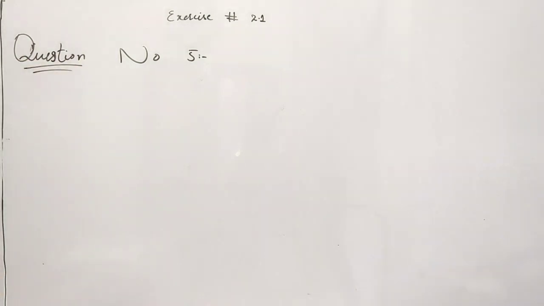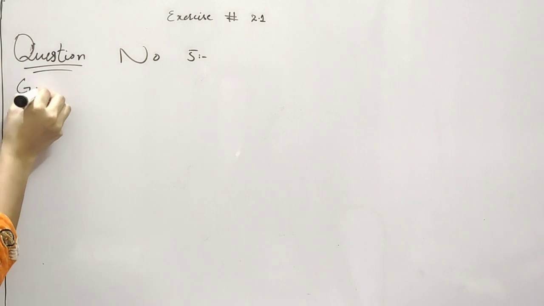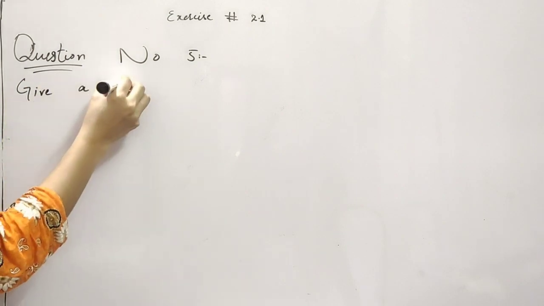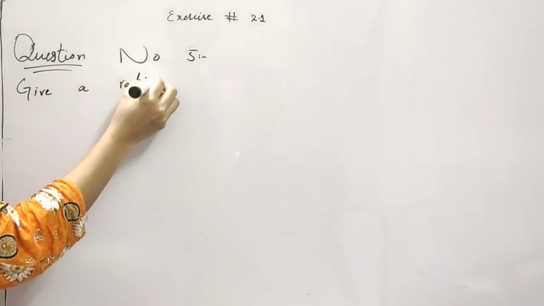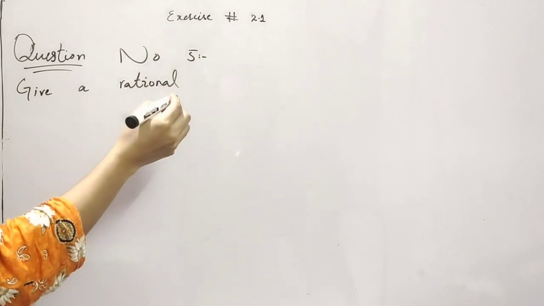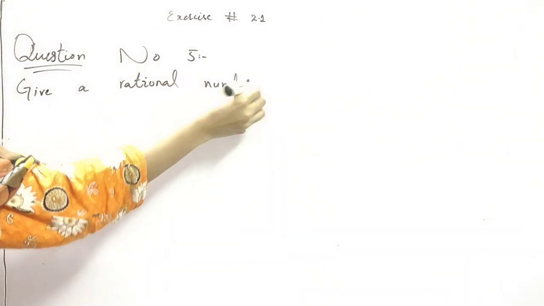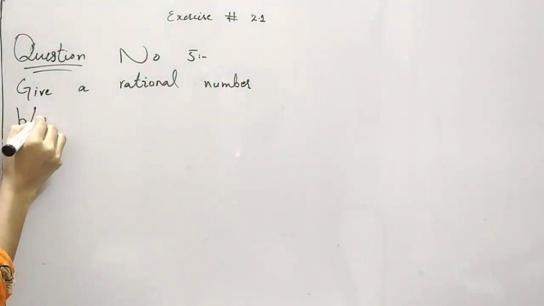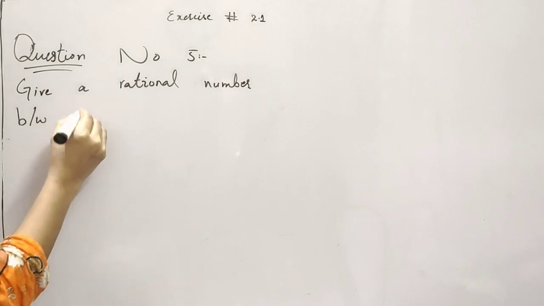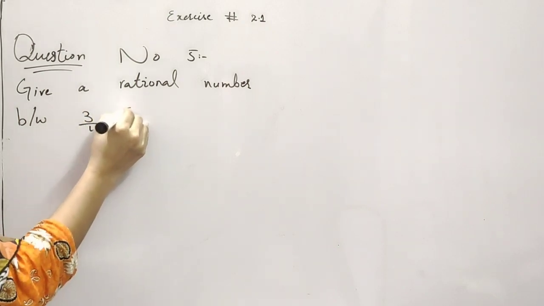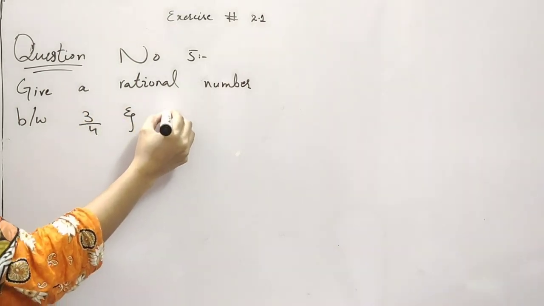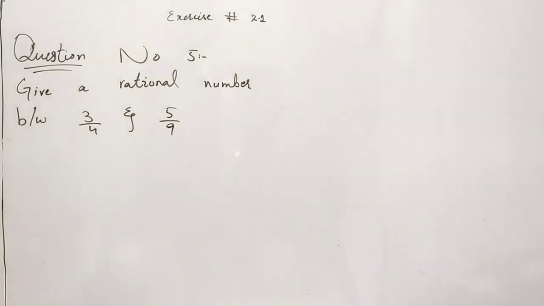And question number 5 is, give a rational number between 3 by 4 and 5 by 9. Give a rational number between 3 by 4 and 5 by 9.